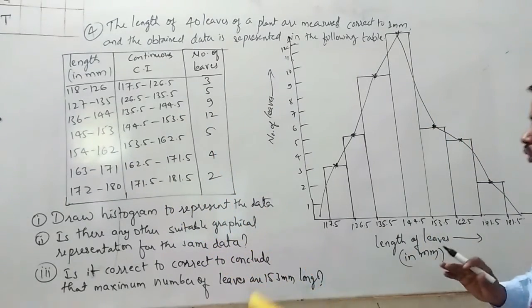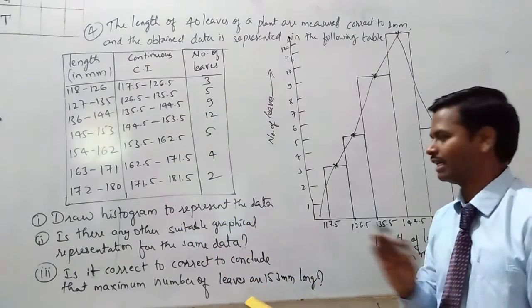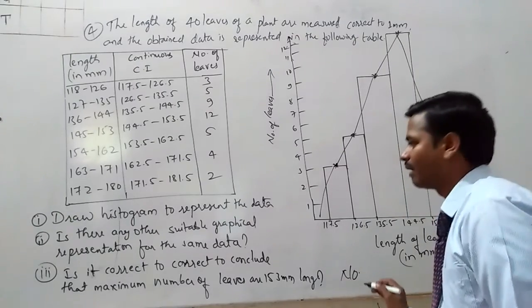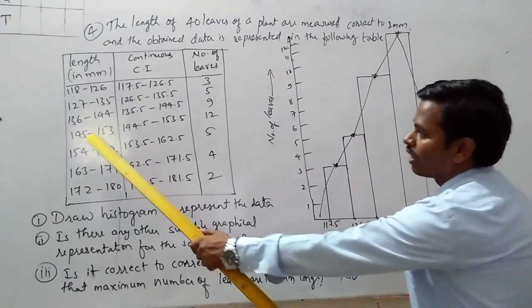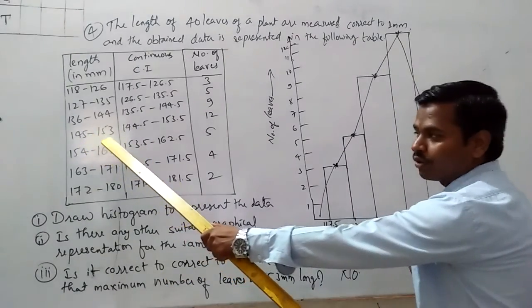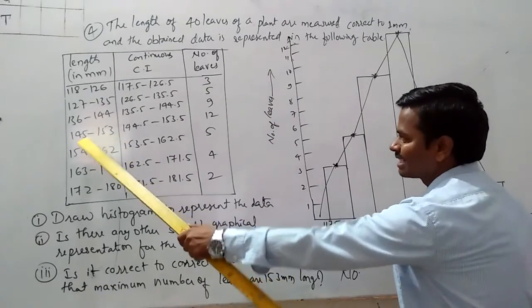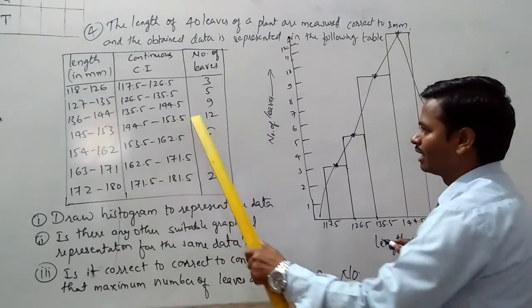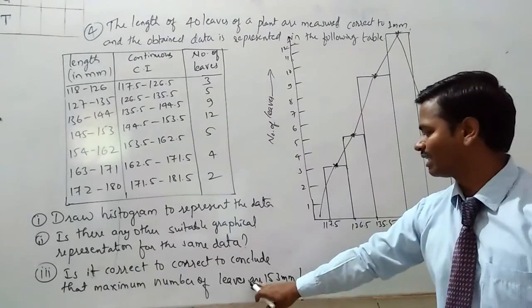It is not exactly only 153 millimeters, we cannot take it here. The number of leaves from 144.5 to 153.5 is 12 in this interval, only in this interval, not exactly 153 millimeters.